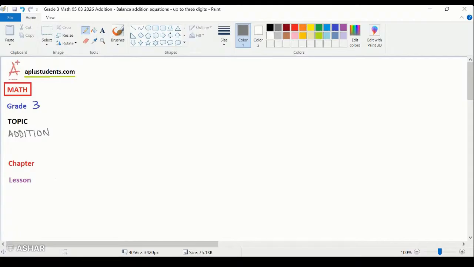I'll give you the chapter number and the lesson number. The chapter number is 2 and the lesson number is 5. Chapter number 2, lesson number 5, and the name of the lesson is Balanced Addition Equations, up to 3 digits.